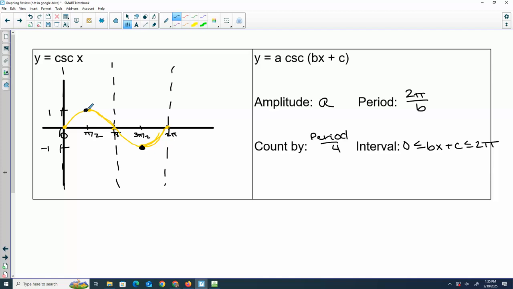And then we turn our graph away from the x-axis. So my actual graph is those two black parabolas.